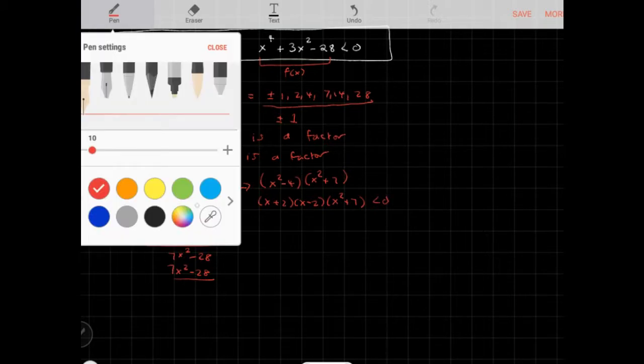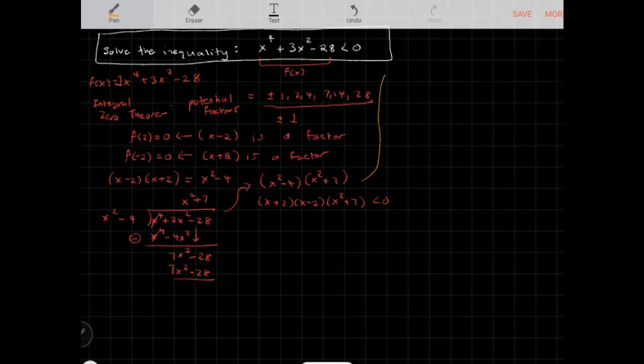So now I'm going to work with this inequality, just using a different color here. The next thing I want to do is find my critical numbers. To find critical numbers, you set this expression, f of x, equal to 0, because critical numbers include x-intercepts.